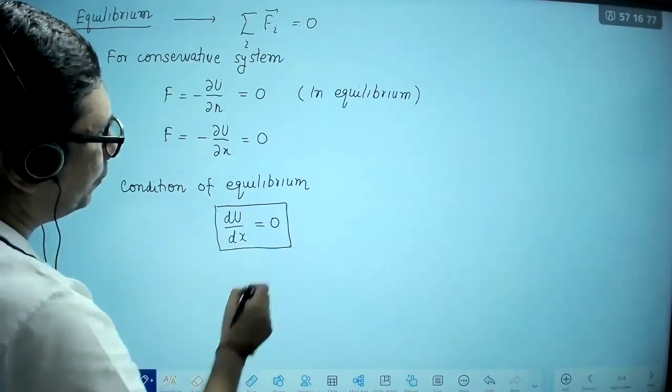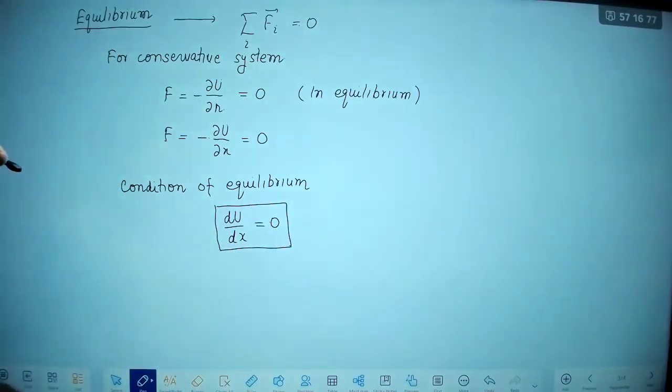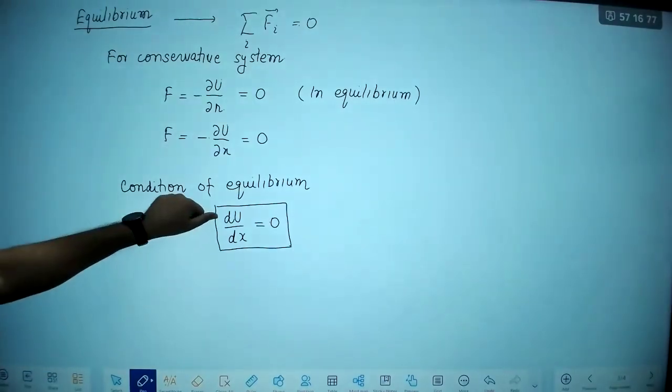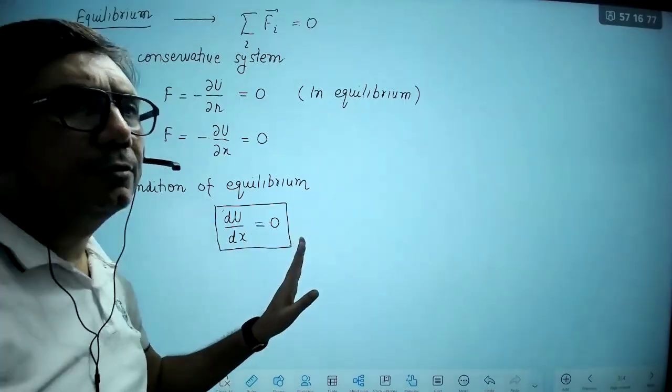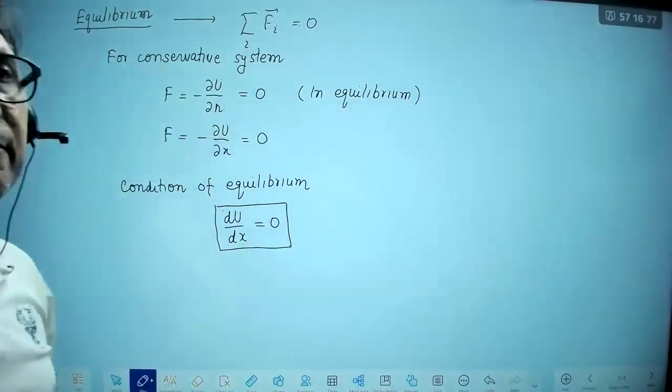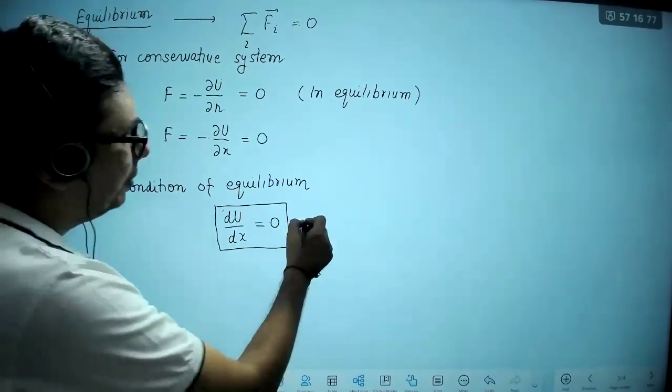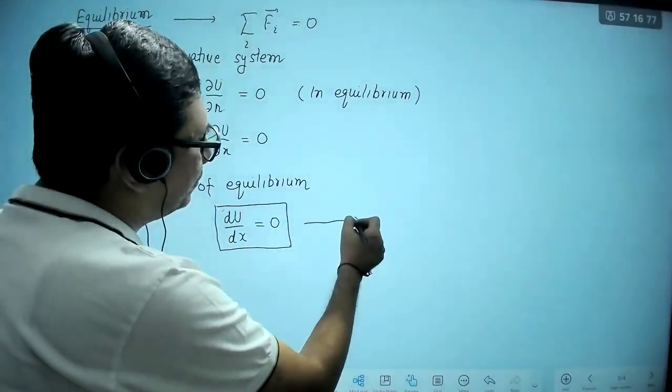If you want to find equilibrium points, you will take this dU by dx and equate it to 0. By solving this equation, you can find the values of x naught.